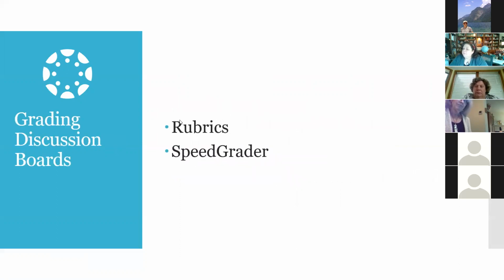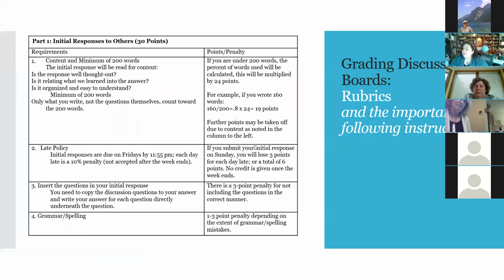So, rubrics and SpeedGrader. This is by rubric, and this will get to one of your questions, Caroline. I have a minimum of 200 words, and that 200 words does not count the questions themselves, okay?